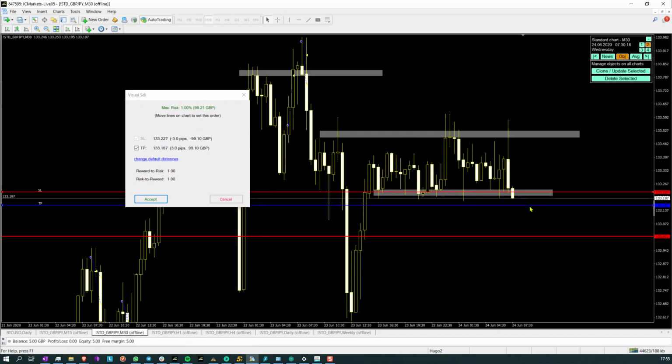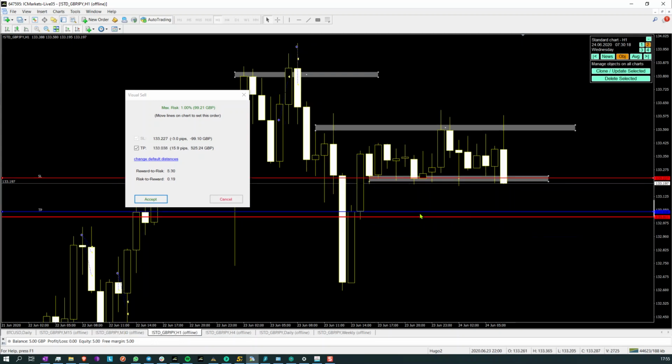Let's focus on the target first. The target can be anything. Can be this 1 hour open here. So this is 15.9. That will make my stop. Okay, the same, 15.9. I'm not expecting to retrace that much. So that's my target.